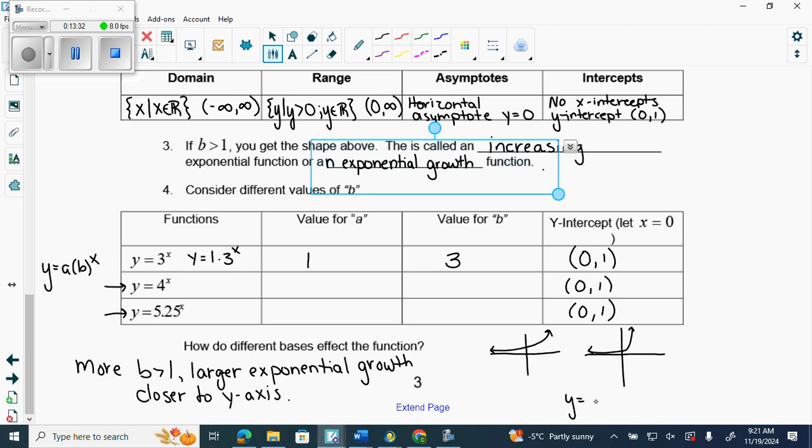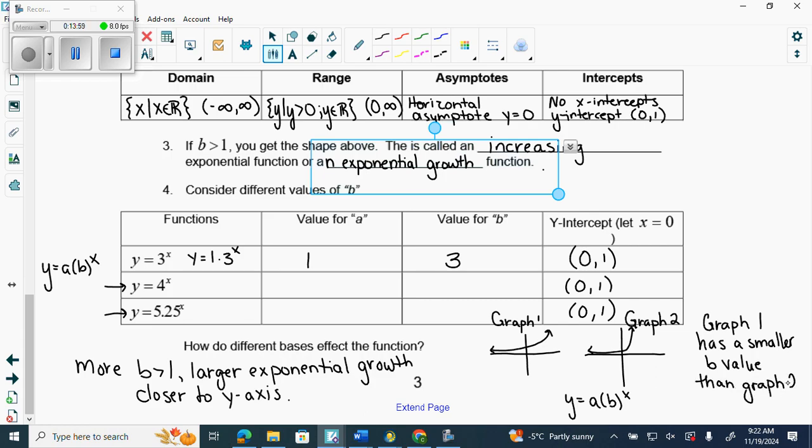So if I was in the form y equals a b to the x, and this was graph 1, and this is graph 2, you'd say graph 1 has a smaller b value than graph 2. True? Or graph 2 has a bigger b value than graph 1, right? Because it's growing faster. We agree?